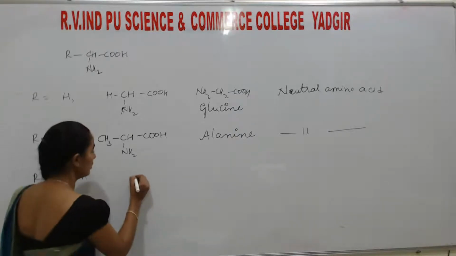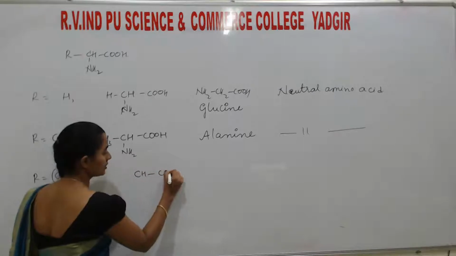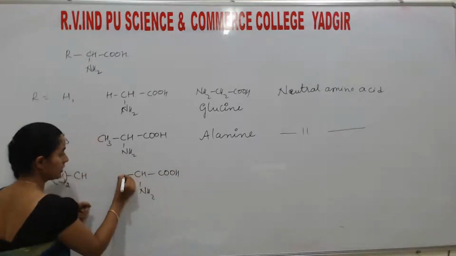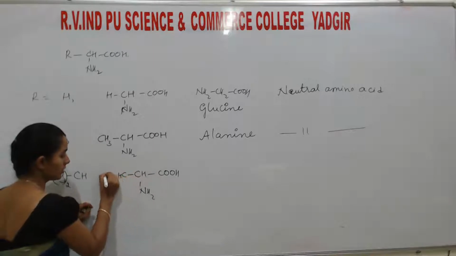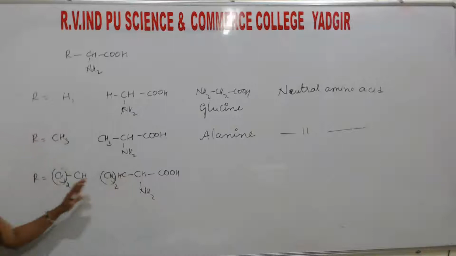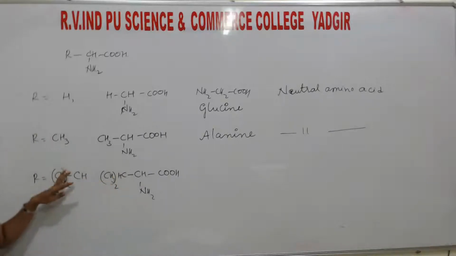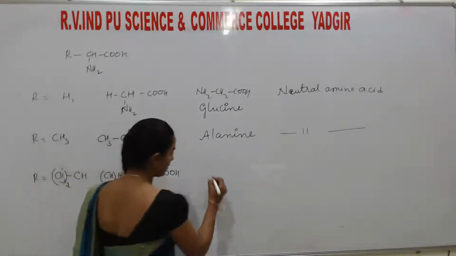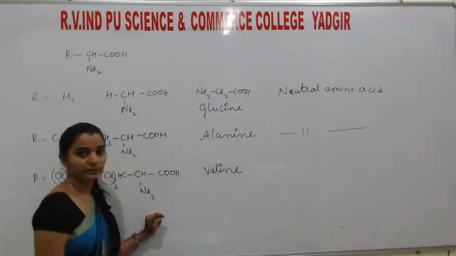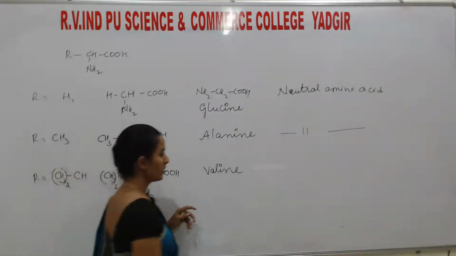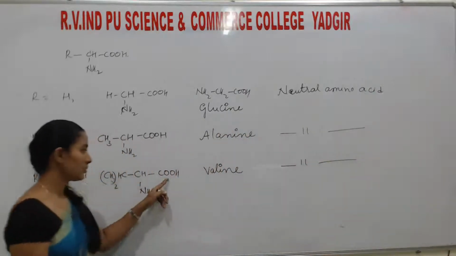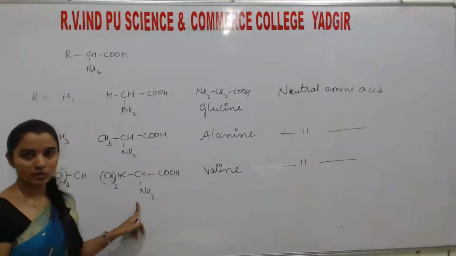Everything else remains the same; only you are replacing the R group. If the R group is this, then this is valine. It is also a neutral amino acid because an equal number of COOH and NH2 groups is there.